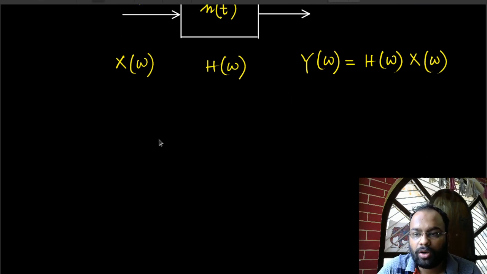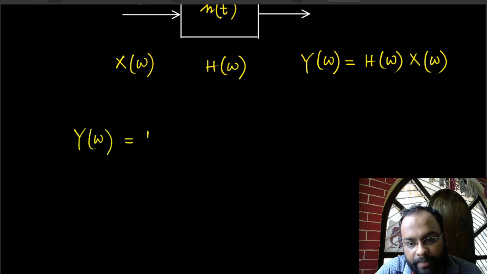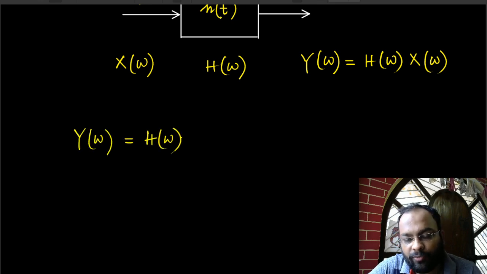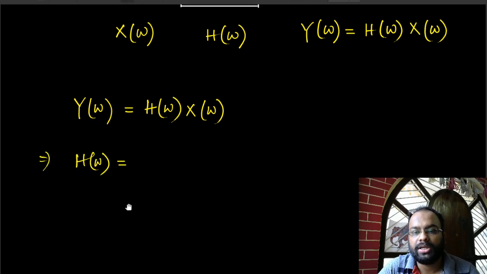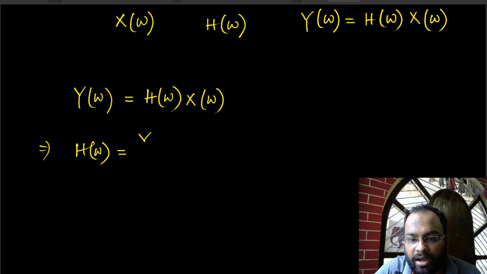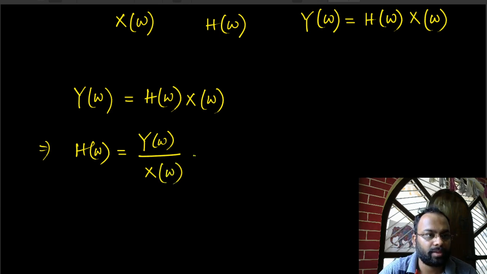Since this is at our hand, we understand that the Fourier transform of the output is representable as a product of the Fourier transform of the impulse response and the Fourier transform of the input. So with that definition, the Fourier transform of the impulse response can be defined as the ratio of the Fourier transform of the output of the system to the Fourier transform of the input to the system.